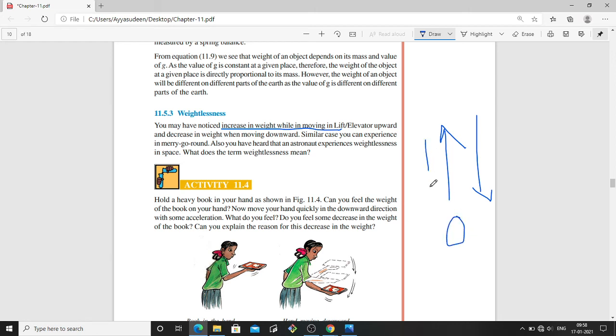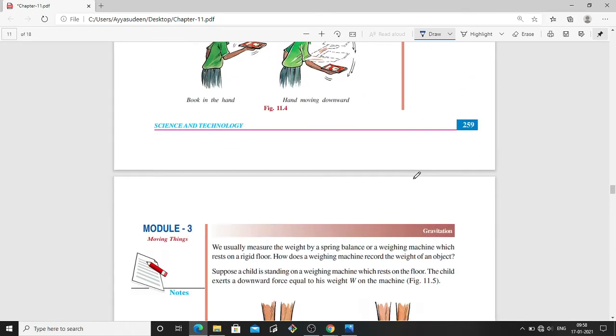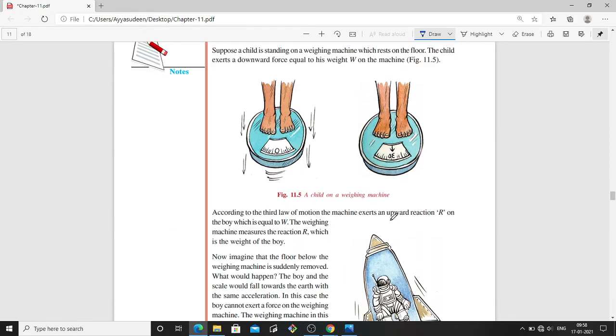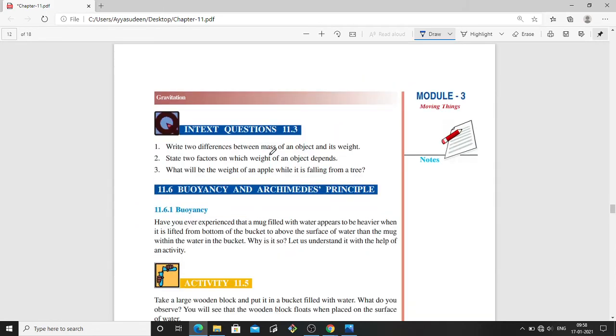This is due to the force which is acting upon the mass, which is us. That is what is called weightlessness. That's why astronauts feel weightlessness in space. They have given some activity examples here. You can read about it, inshallah.